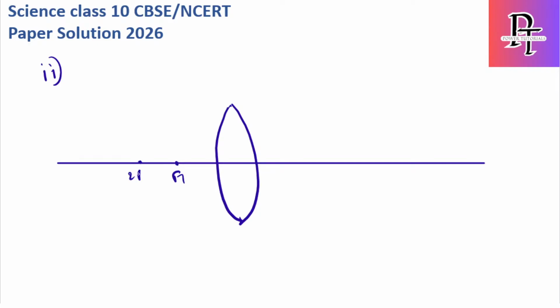F1, 2F1, F2, 2F2. The object is placed here because it is between F1 and 2F1.